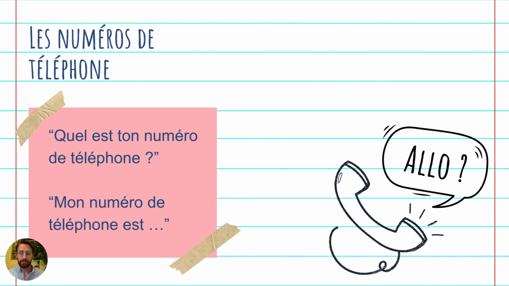Okay, hopefully you took the time and you gave your phone number to the computer screen. One thing I want to point out here, when you're answering a phone in French, they say allô. So just a little cultural note there.